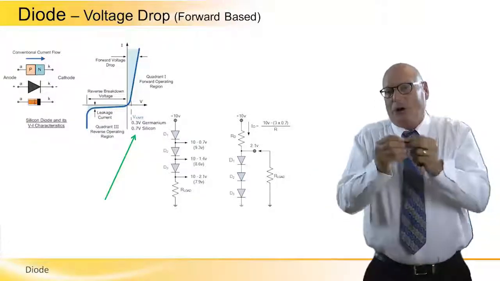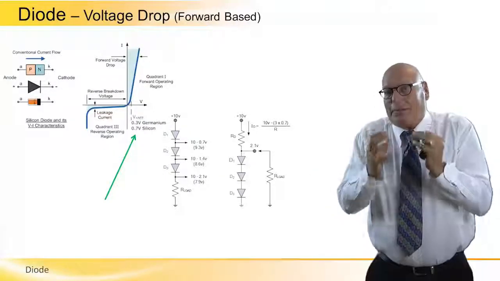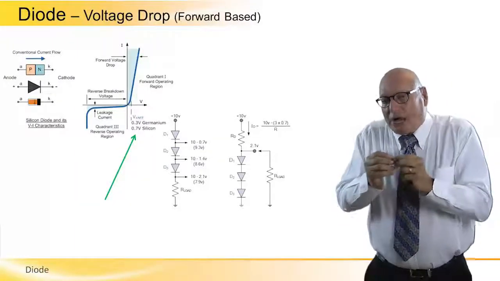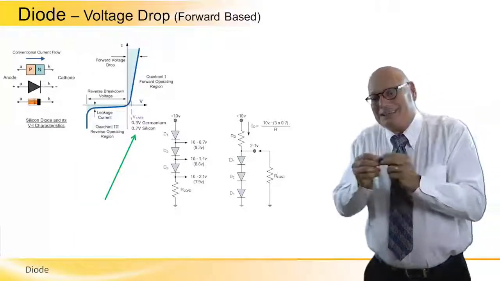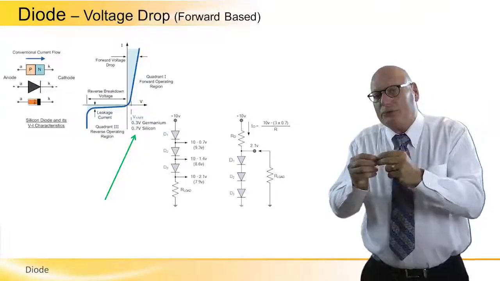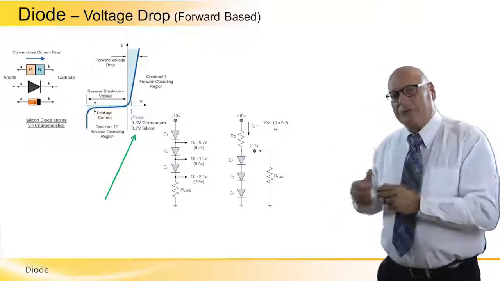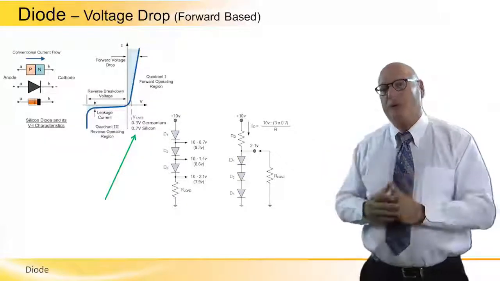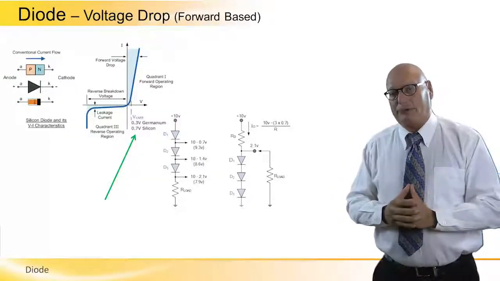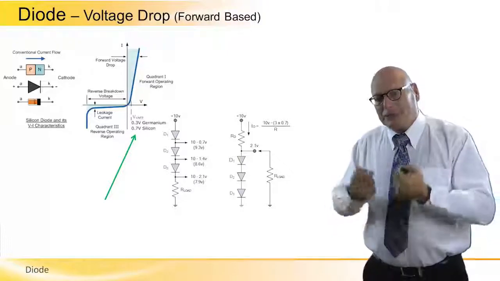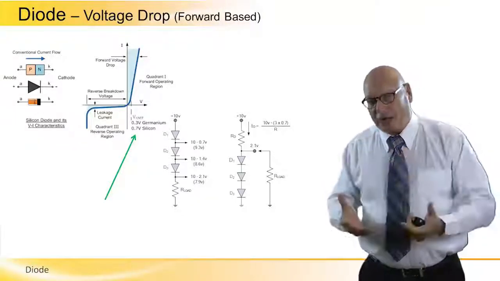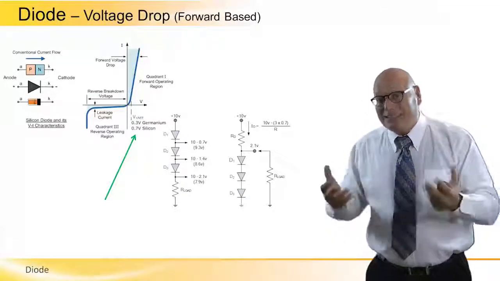The diode just holds the voltage upon itself, and the only current that flows is a very minute leakage current. It's not like in the forward region, where current can flow because the internal resistance is very low. In quadrant number 3, the internal resistance is very high, megaohms, ideally infinite.